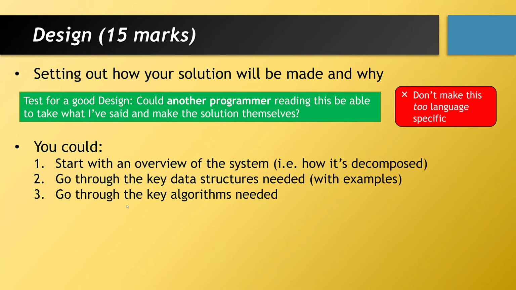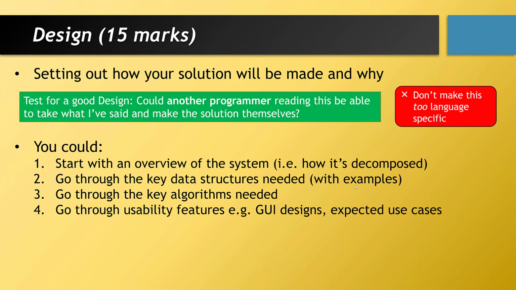So for example, if you are doing a GPS system with a shortest path program, like a sat nav almost, you're going to have an algorithm, something like Dijkstra's or A star, and you go through it, give some pseudocode for it, go maybe hand trace it, give an example of you going through Dijkstra's on an example graph. That would be amazing for design.